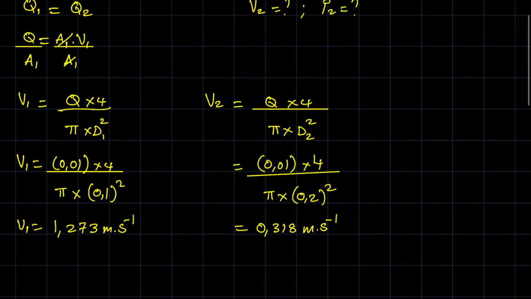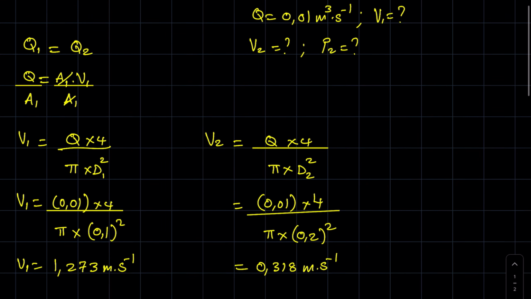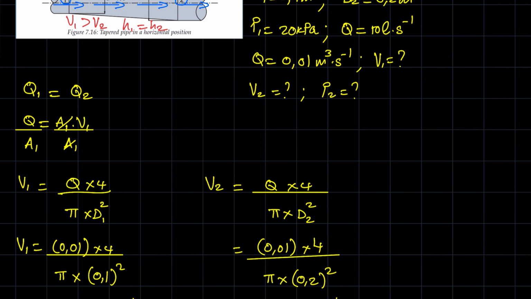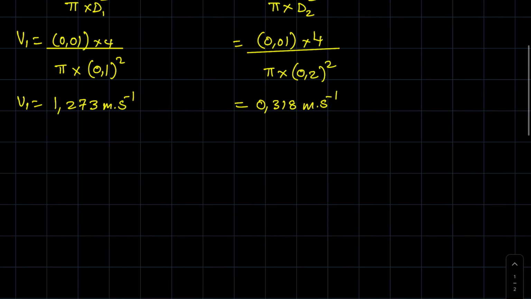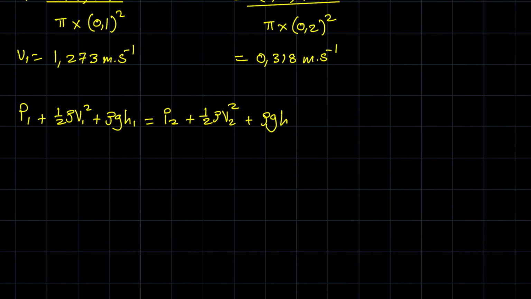So since we have V1 and V2, we'll now be able to apply Bernoulli's theorem in the motion of the fluid for this problem. And applying Bernoulli's, we're going to use the variation which is convenient for calculating pressure. That's energy per unit volume. So P1 plus half rho V1 squared plus rho g h1 is equal to P2 plus half rho V2 squared plus rho g h2.